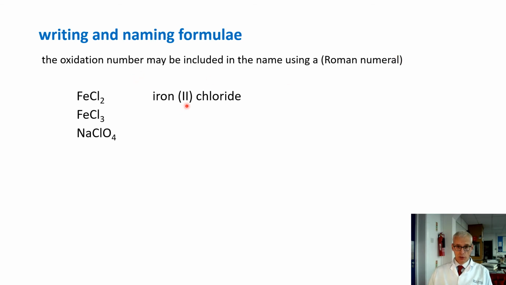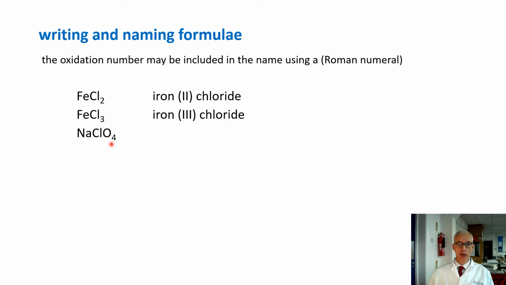The Roman numeral 2 applies to iron, so we know the oxidation number of iron is plus 2. We don't need to attribute an oxidation number to the chlorine because we can see, applying the rules, that it is the more electronegative element and therefore always minus 1. In other words, it's chloride ion.